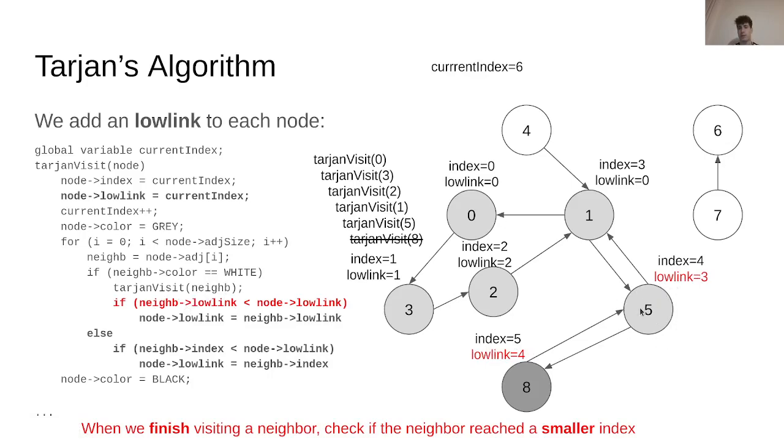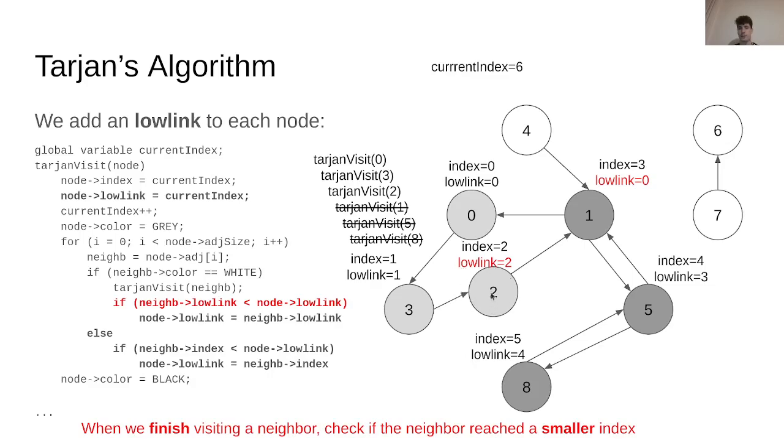So in this case 5 has low link 3, 8 has low link 4, so we don't need to update the low link of 5, because this is smaller. Now let's look at 1. 1 finished visiting 5, so we look at 0 and 3. It's smaller, so we don't need to update it.